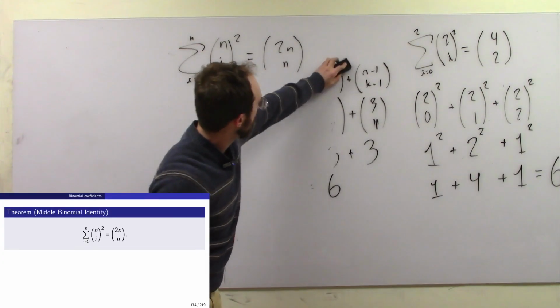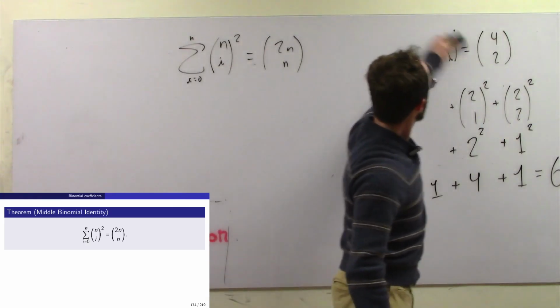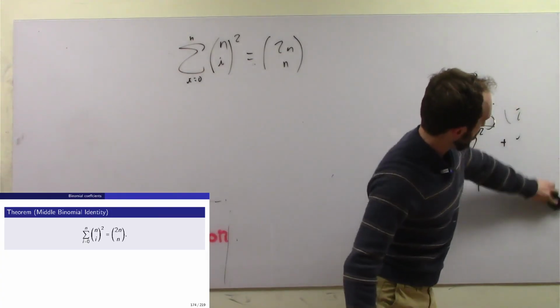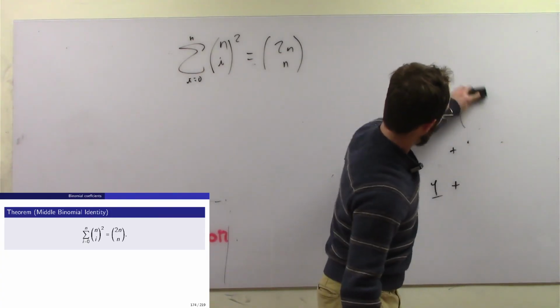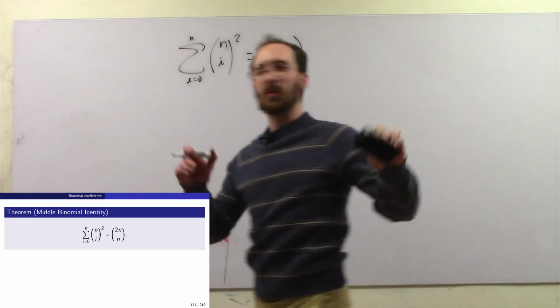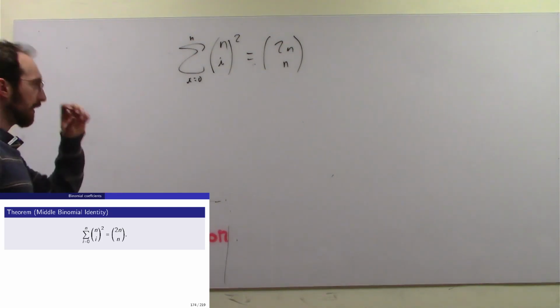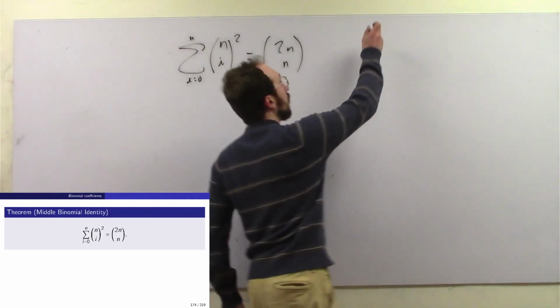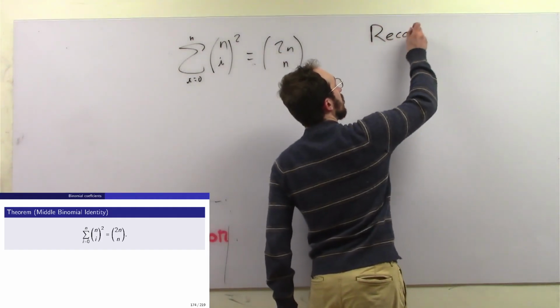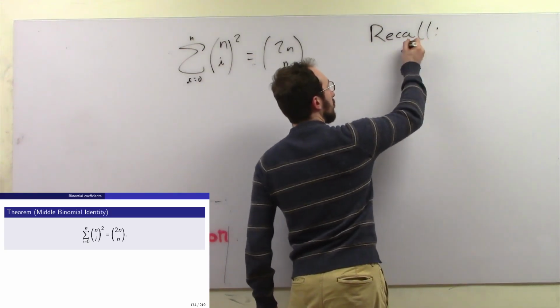Let's just erase this. And okay. So what we're going to do here is actually do a double count, but we're also going to use this identity that we brought up, I guess a little less than 12 hours ago. So let's just recall this is important, and I sort of used it a second ago.